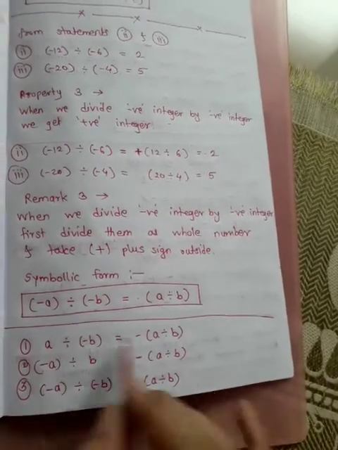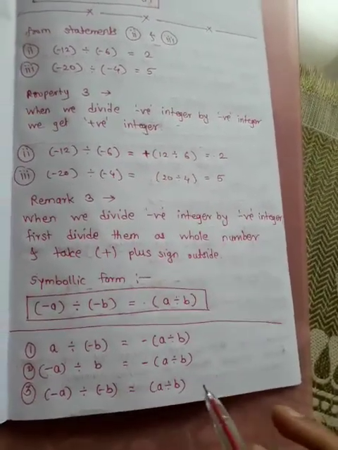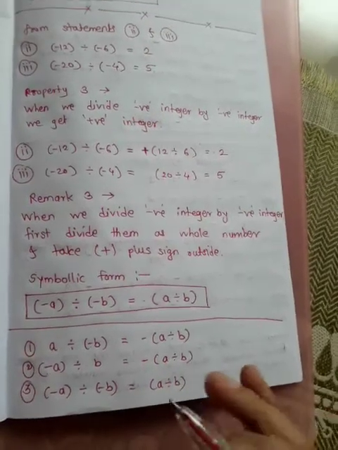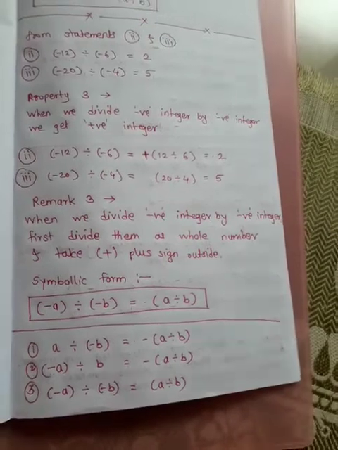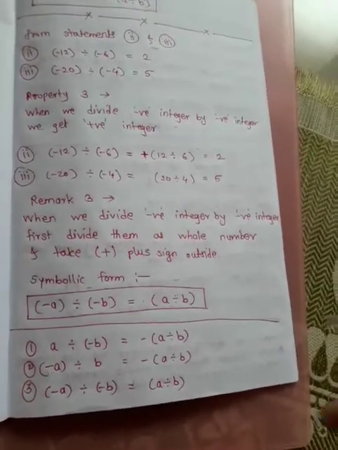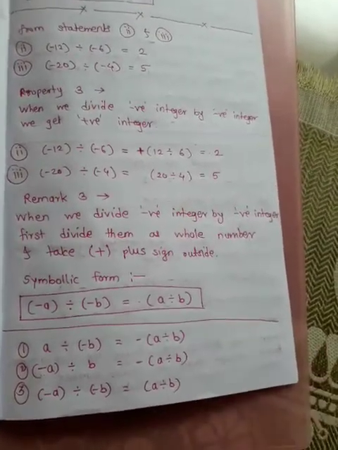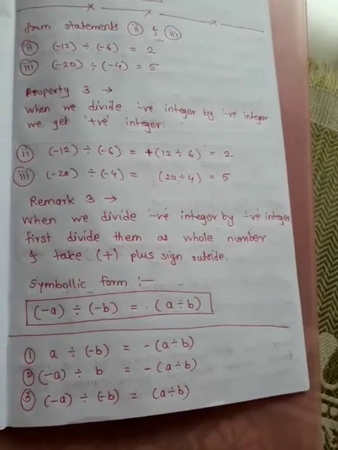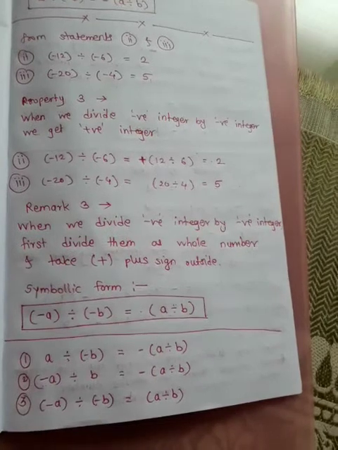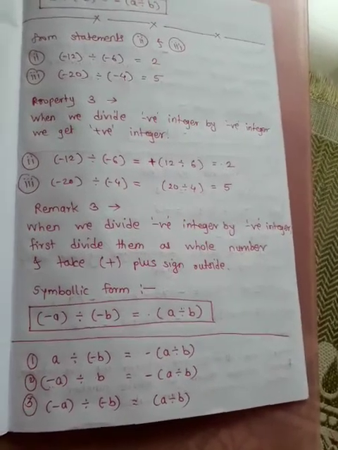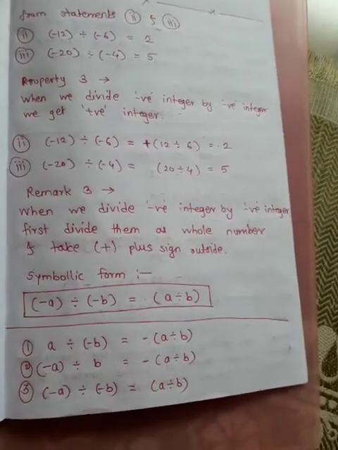These properties are very important, and we will use them while solving examples. So just understand these properties. In the next lecture we will learn about the properties of division. Okay, thank you.